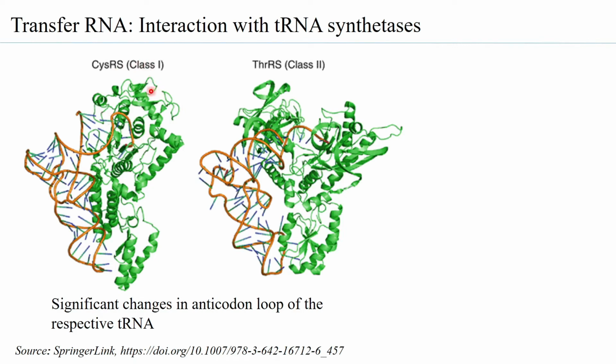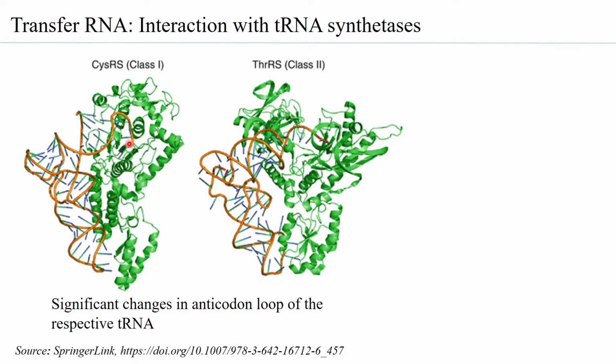The amino acyl tRNA synthetase, when you look at its structure, has very specific domains. So you find that it has an anticodon binding domain, there is an acceptor arm binding domain, and there is a Rossmann fold, which is basically the active site and contains the amino acid after the first step of adenylation.